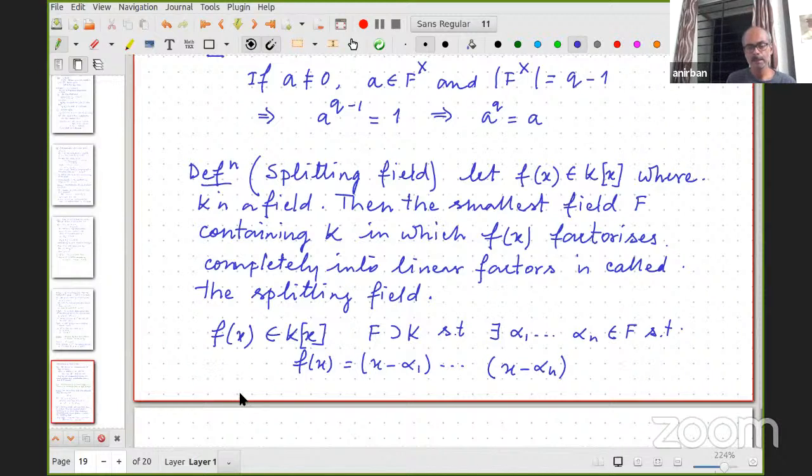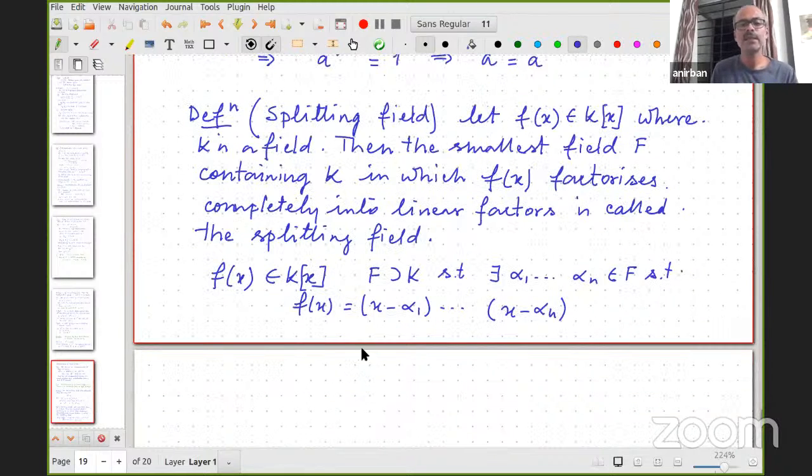If that happens, then you say that f splits completely in F. So f splits completely in F, and if it doesn't split completely in any smaller field, then F is the splitting field.